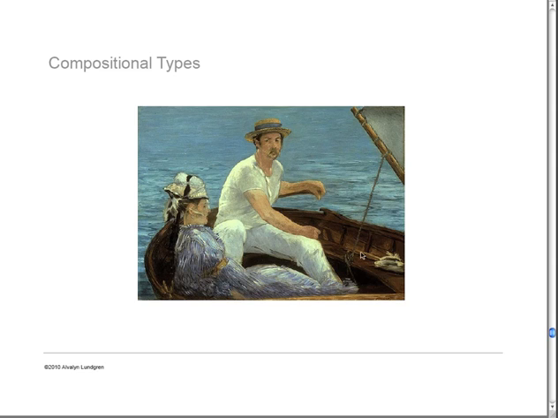Notice also that it is mostly diagonal, and it's a subtle diagonal. It's not a real strong one. The implied line here goes from lower right up through the arm and the back of the bonnet over here.